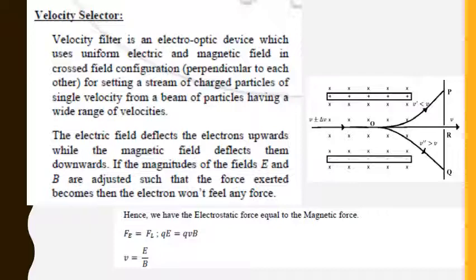This cross, as we already discussed several times, shows that the magnetic field is directed inside the plane, inside the paper. If the magnetic field is inside the paper and the electric field is from top to bottom due to the plates, then these two are perpendicular to each other. In the velocity selector, we keep the electric field and magnetic field perpendicular to each other.